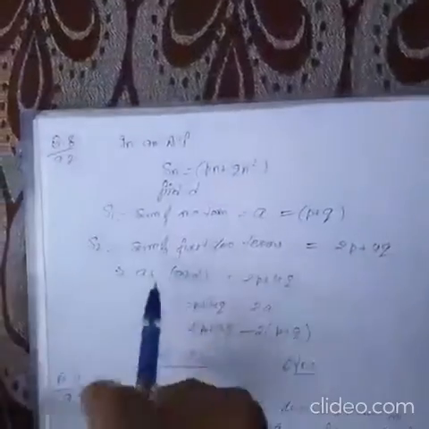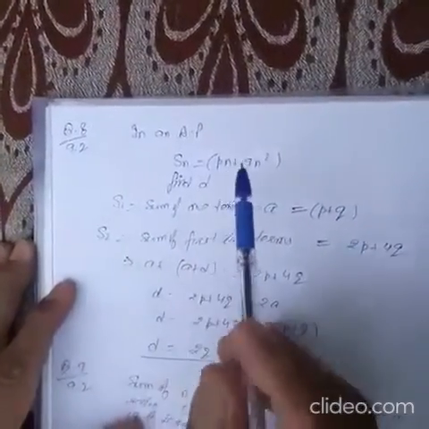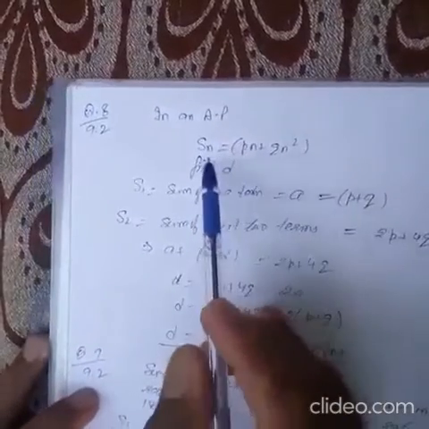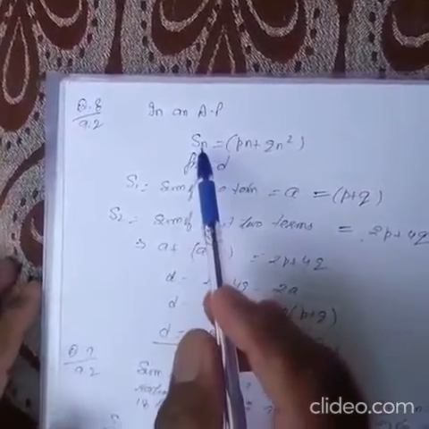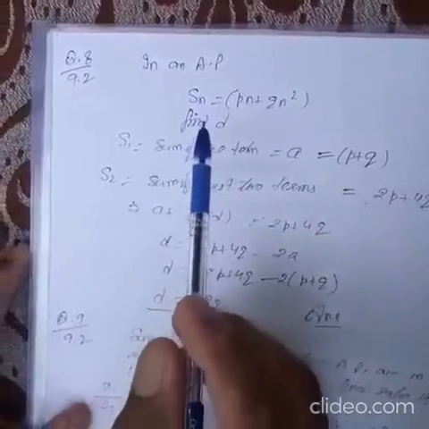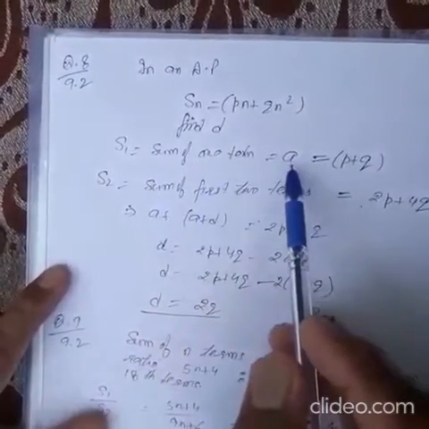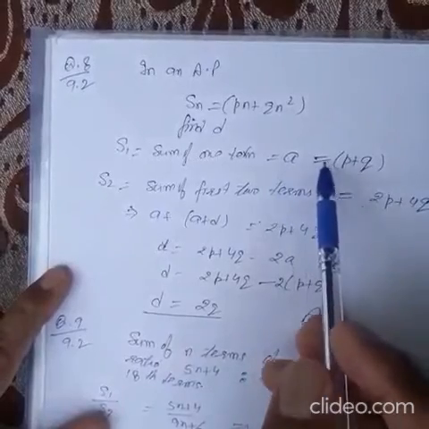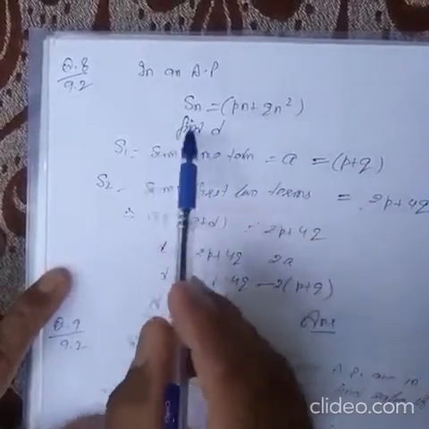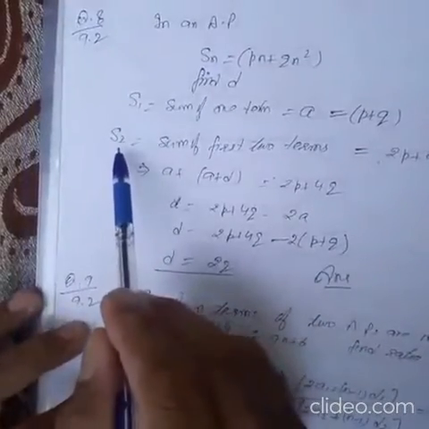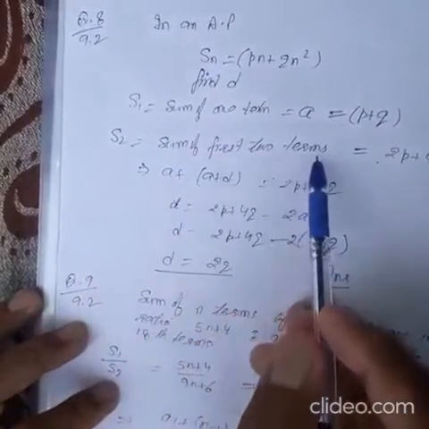Question number 8. In an AP, if Sn is given to us, find out D. We know Sn is the sum of first n terms of AP. S1, the sum of first term, that is A only, if you replace n by 1, we will get S1, that is P plus Q. Similarly, S2, the sum of first two terms.